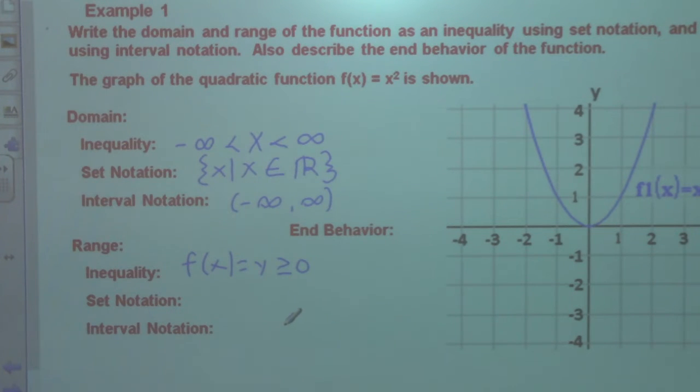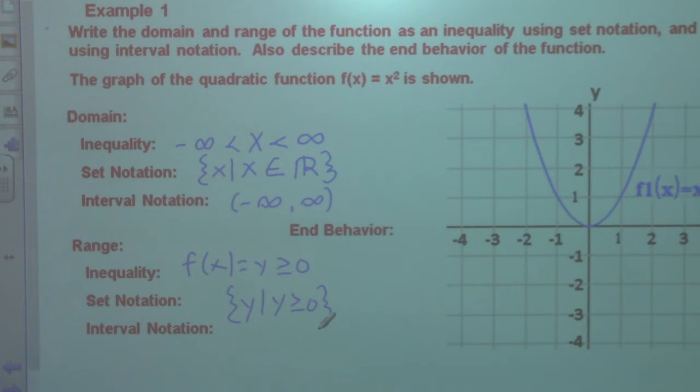Write this down: that's another thing you have to remember, that you have to use y for range instead of x. Does that make sense? Yes, sir. Okay, in set notation, it's going to be y such that y is greater than or equal to 0.